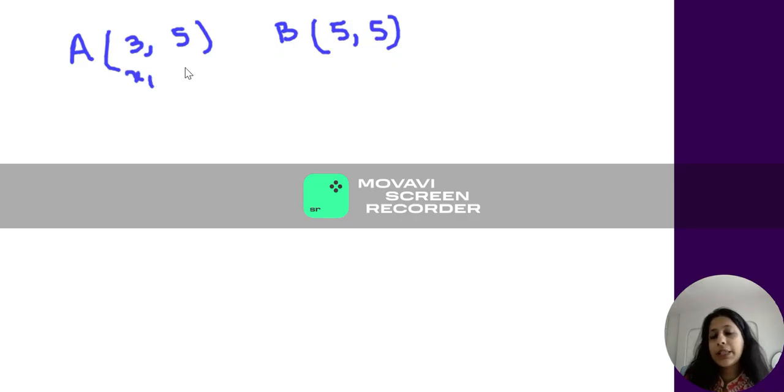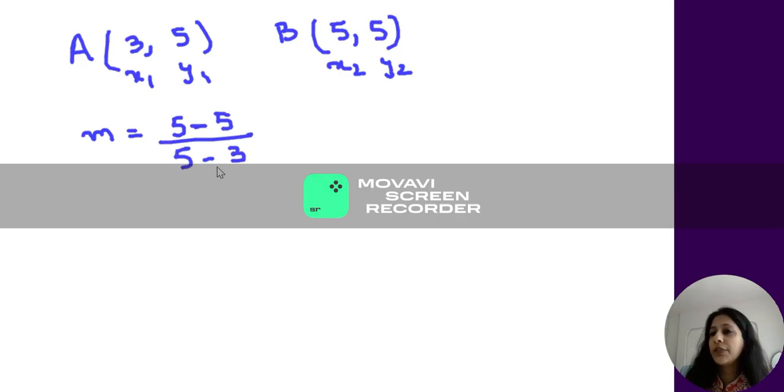Now I'm labeling this as x1 y1, this is x2 y2. Try finding out the gradient again. So that becomes, in this case, y2 is 5 minus y1 again 5, upon x2 is 5, x1 is 3. So what do I observe here? My numerator came out to be 0 and so my gradient as well.